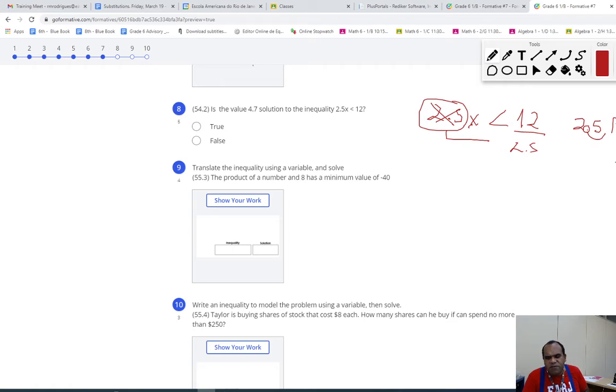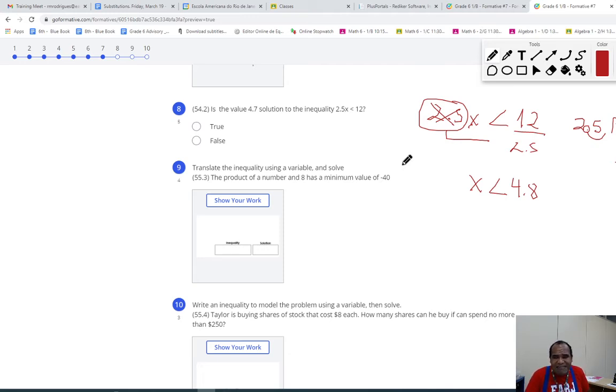How many times does 25 go into 200? 8 times, yes? Yes, 8 times. 4.8, 200. And here is 0 and done. x is less than or equal to 4.8. Is it true, guys? Is the value 4.7 a solution?